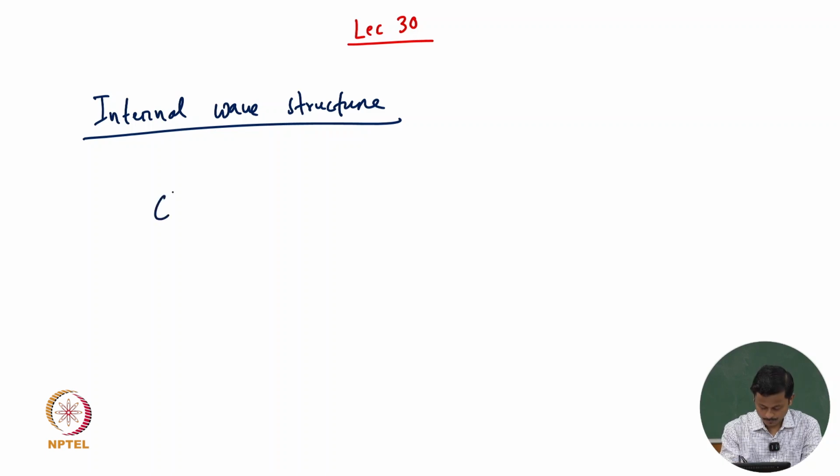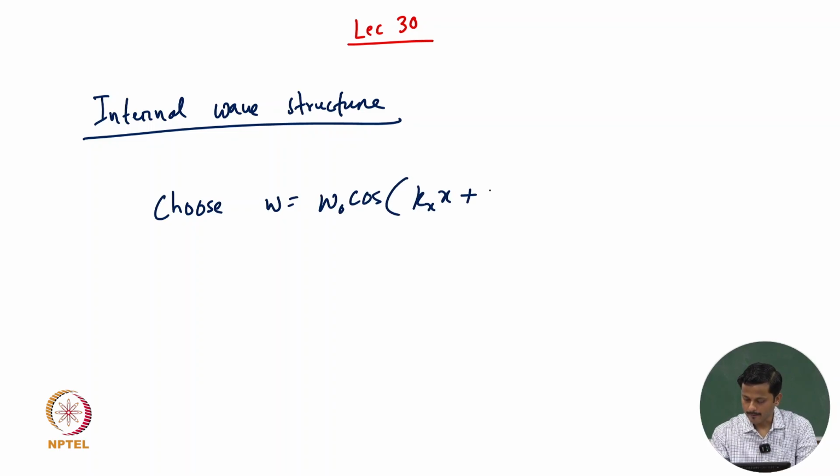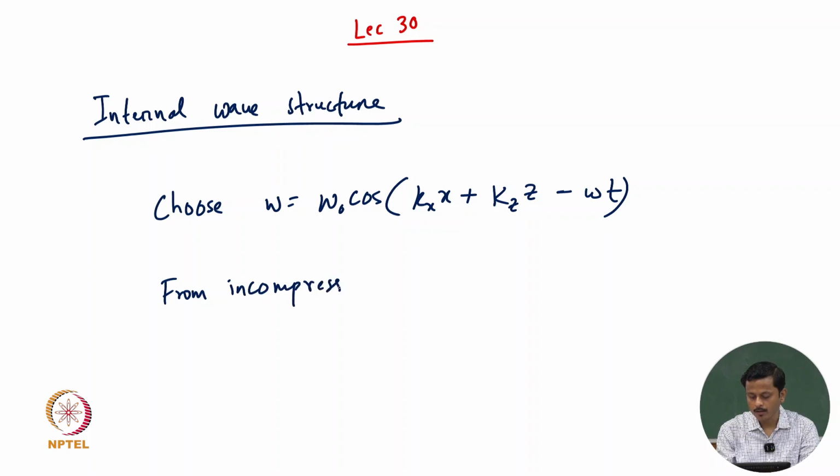So we choose w of a certain form, a cosine function. Given that we have unbounded domains, we can choose a form like this. And from incompressibility, if you recall, we had written down the governing equations and substituted an assumed solution, and we got algebraic equations.